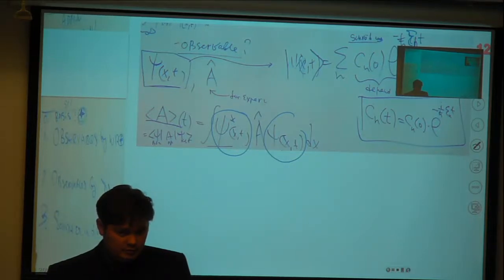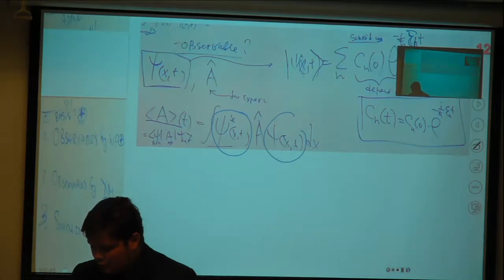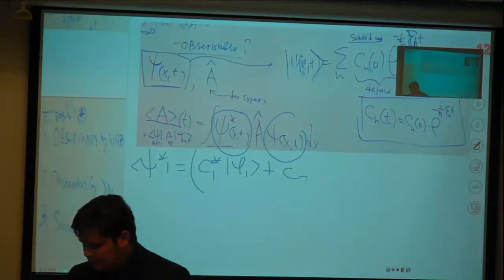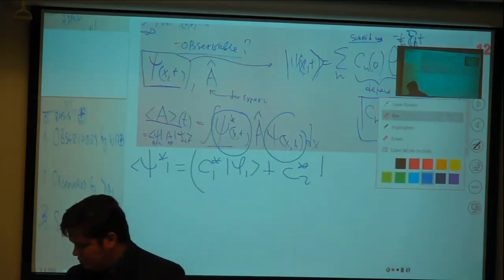Okay? Now, if our wave function with star is a bra vector, and it is C1 star, bra 1 plus C2 star. Wait. Different. Where's my eraser?